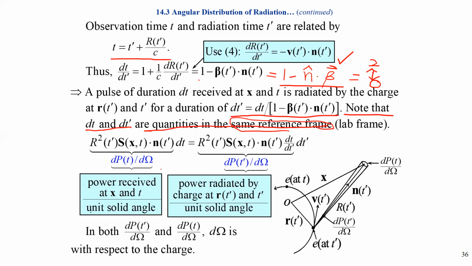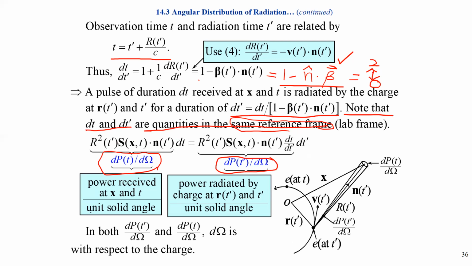Okay, so here, r squared times this one times dt. A conservation of charge, that is in the same reference frame, right? Conservation law must be in the same reference frame.